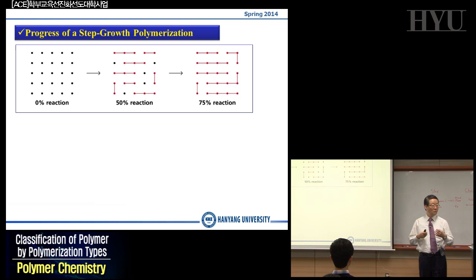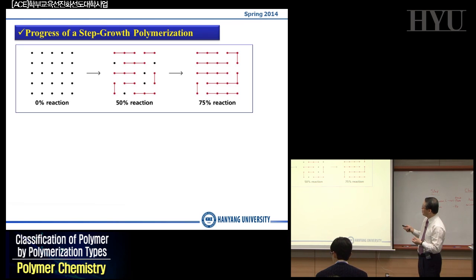So starting from 25, we come up with 13. So half of your monomer, half of your molecule participate in the reaction. So just counting the number of molecules, 50% of your reaction was already completed. Okay.